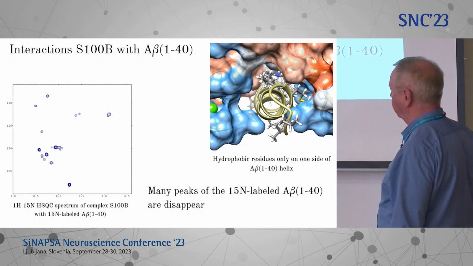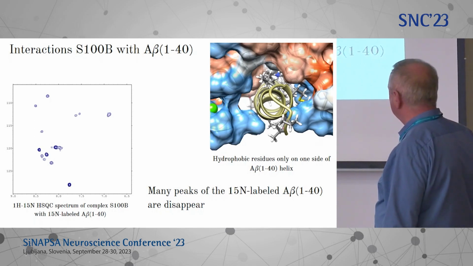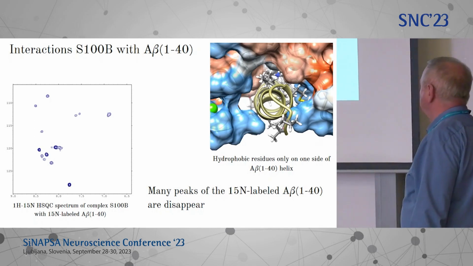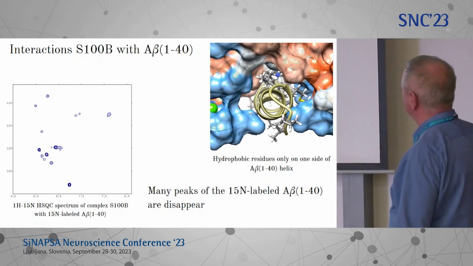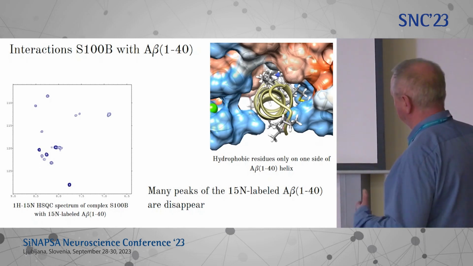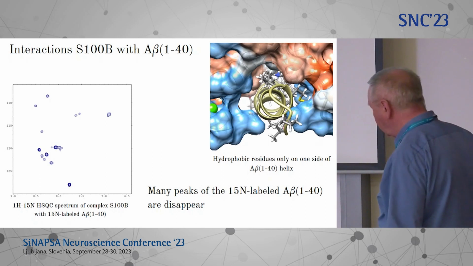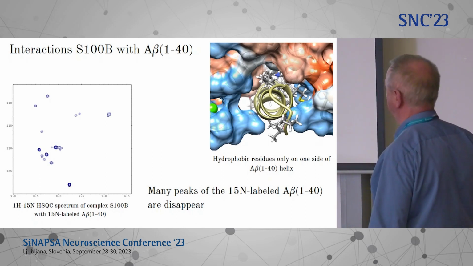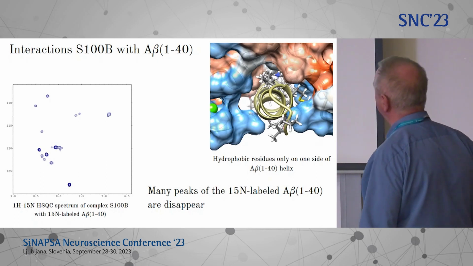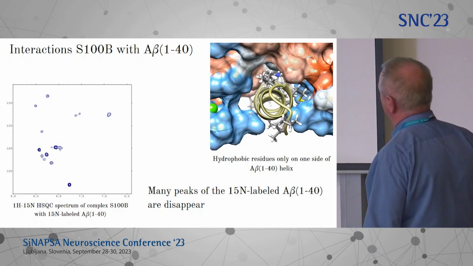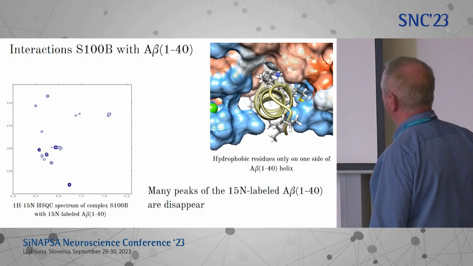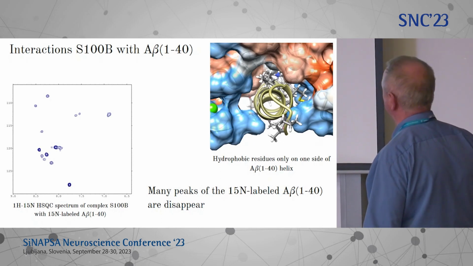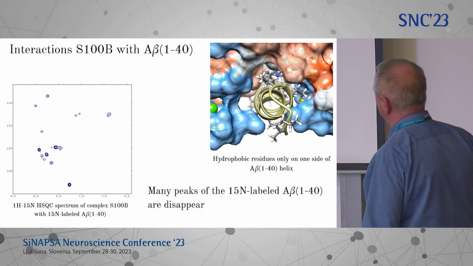It's also interesting, if we get a close view of the structure of A beta peptide with S100 beta protein, we will see that the hydrophobic contact between peptide and protein is located on only one side of these helices.